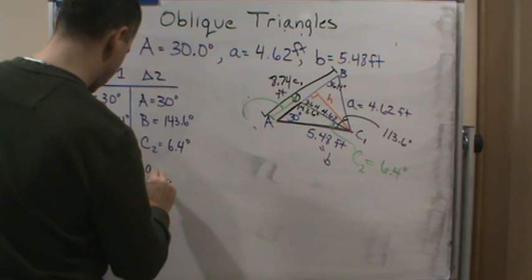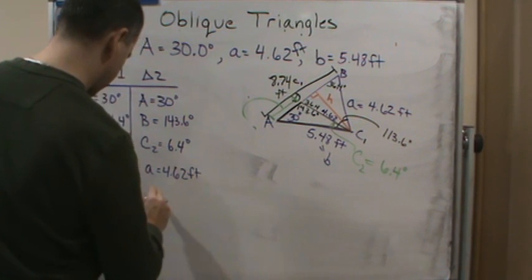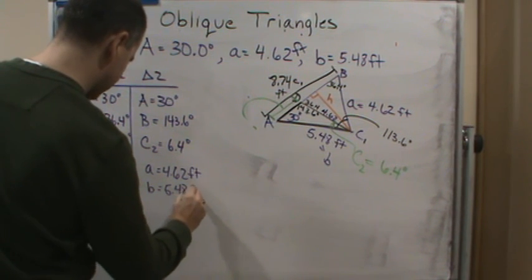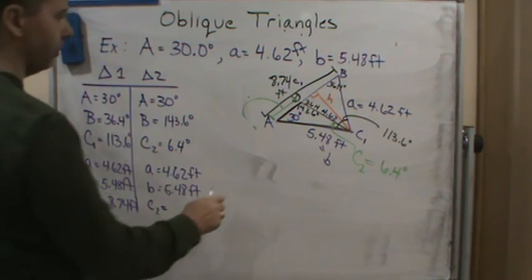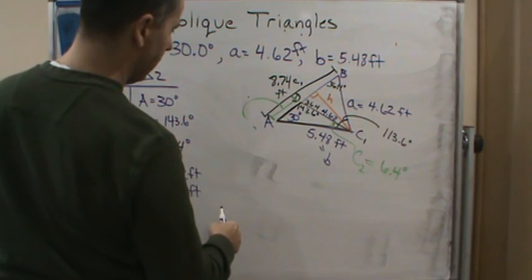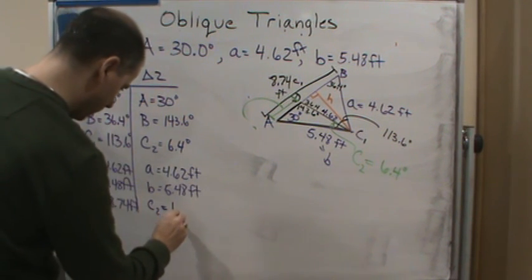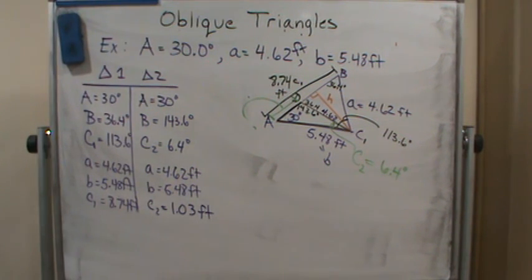And then side A, of course, is still 4.62 feet. B is still 5.48 feet. And then side C2 was 1.03 feet. And those are the solutions for the two possible triangles.